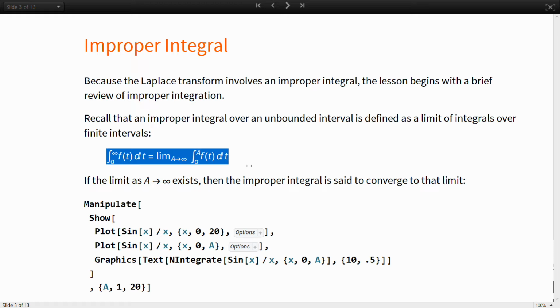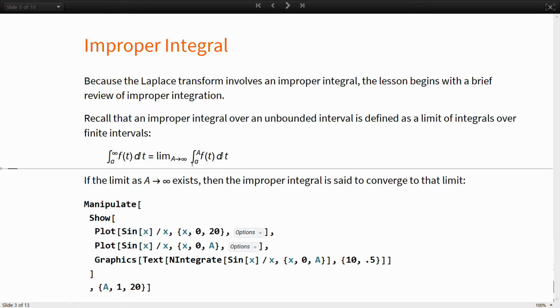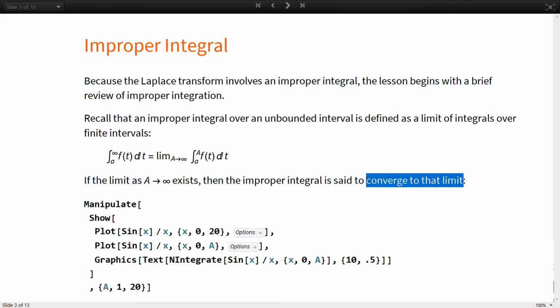By definition, this integral is related to the definite integral from little a to some arbitrary but finite upper bound big A. The definite integral from little a to big A can be calculated, and the improper integral is said to exist if the limit of this result as big A goes to infinity exists. It is sometimes said in this case that the integral converges to that limit.